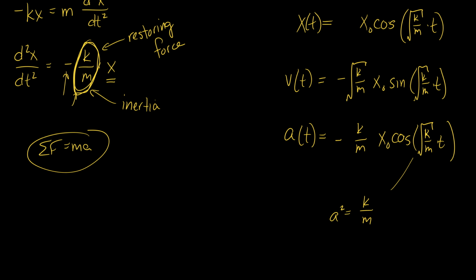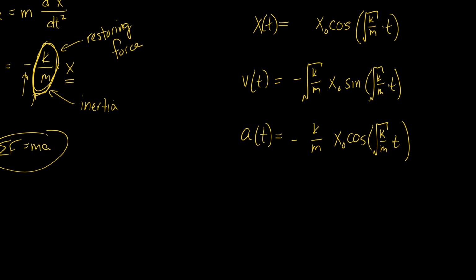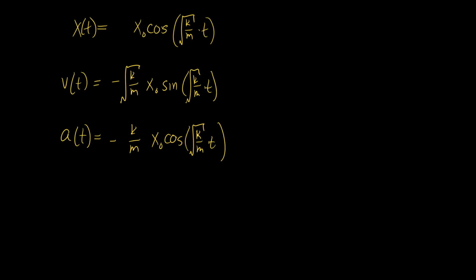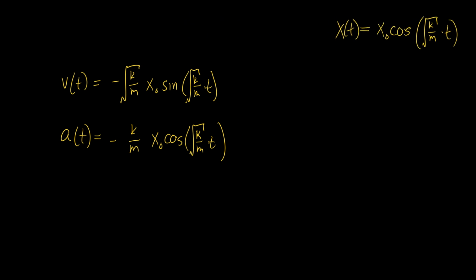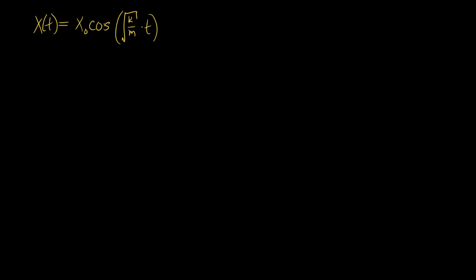Now, if we really want to understand what's happening here, let's take a close look at our position function. So I want to take the position function by itself and ask you a couple of quick questions about it that I think you can answer.